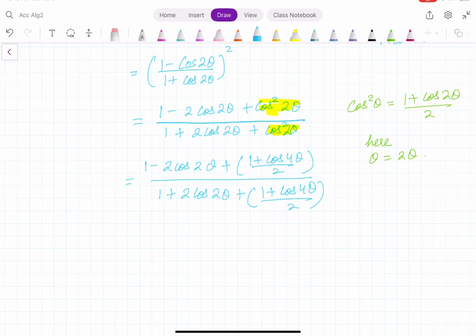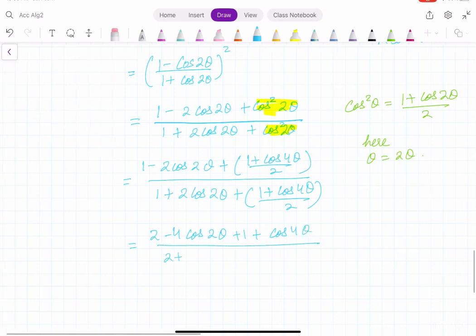Let's make a common fraction and clean this mess up. So it will be 2 minus 4 cos 2 theta plus 1 plus cos 4 theta, divided by 2 plus 4 cos 2 theta plus 1 plus cos 4 theta.